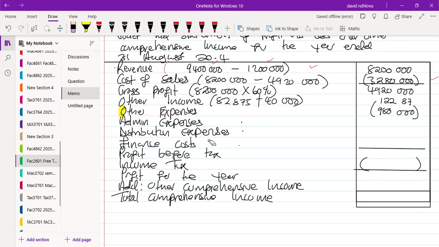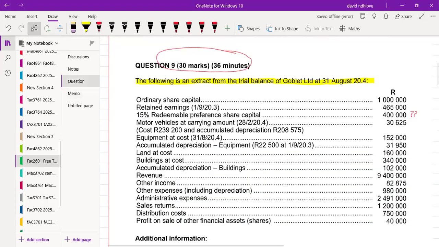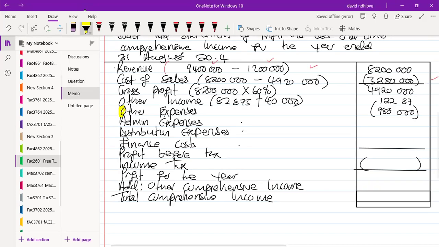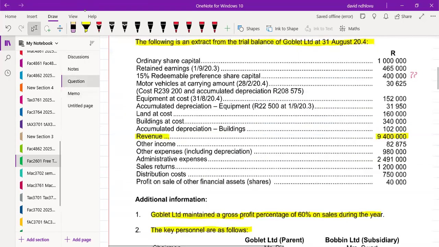We deduct that. So if we then go to our question, we were given the amount of revenue, which is an amount of 9.4. So this is the figure that we were having here. As we read through the question, we're looking for sales returns as well as settlement discount granted by the entity. A discount reduces the invoice value. Revenue, remember, is sales which is made of invoices, so less any discount that you offer.